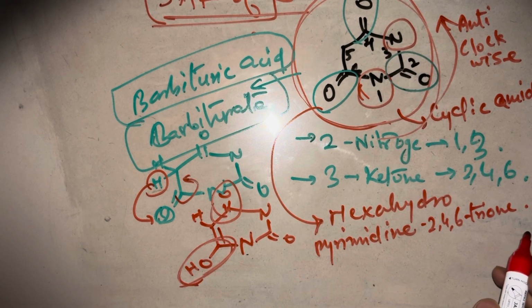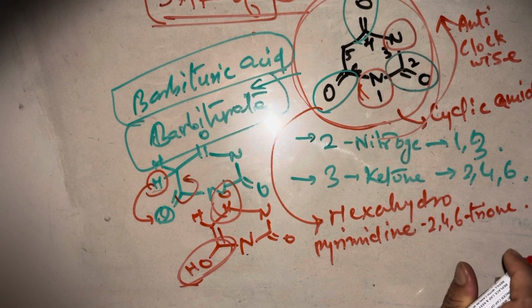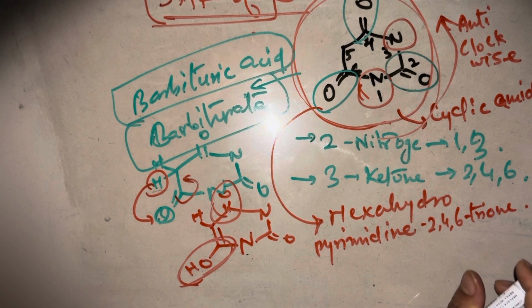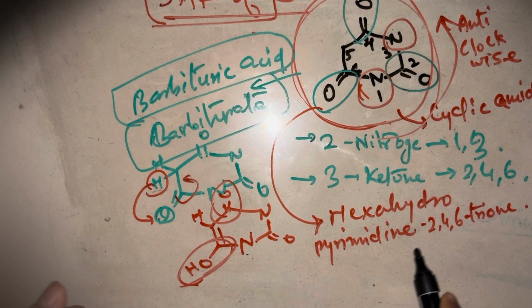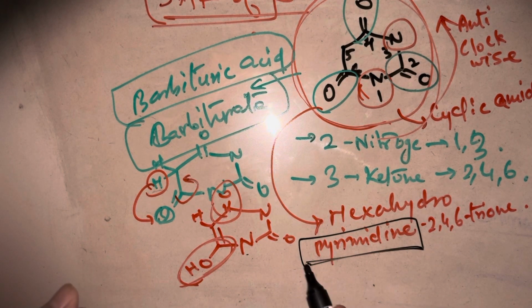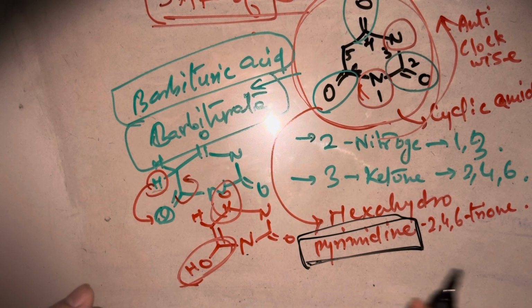I hope you got it. You can also say 2,4,6-trioxohexahydropyrimidine. In this, pyrimidine is the main heterocyclic structure. Pyrimidine. Okay.